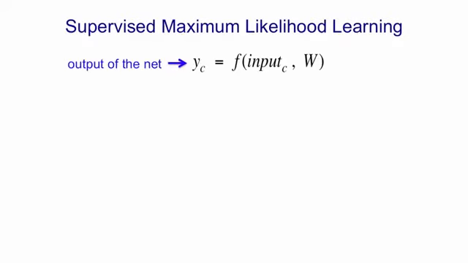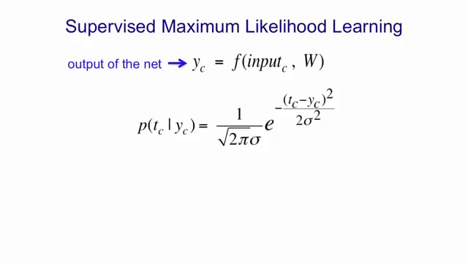So the math looks like this. Let's suppose that the output of the neural net on training case C is yc, and this output is produced by applying the weights W to the input C. The probability that we'll get the correct target value when we add Gaussian noise to that output yc is given by a Gaussian centered on yc.